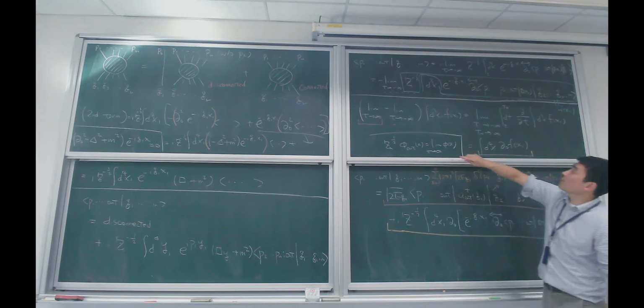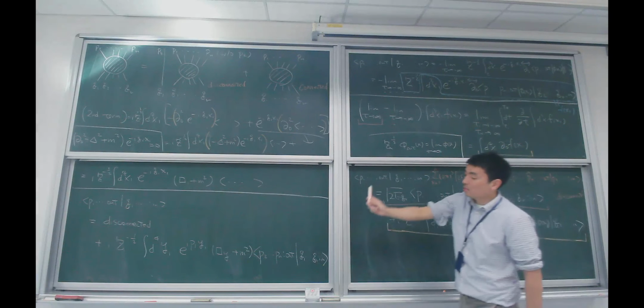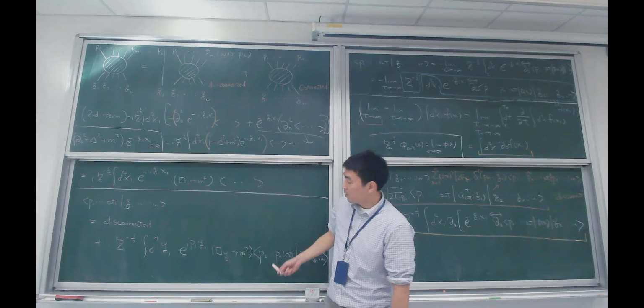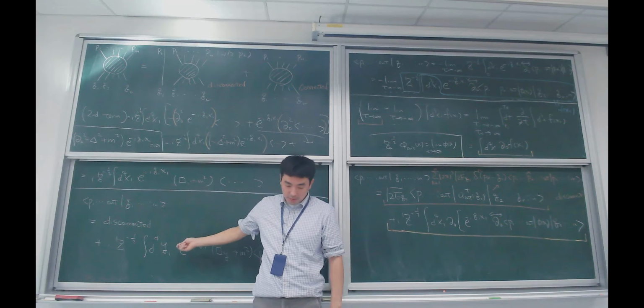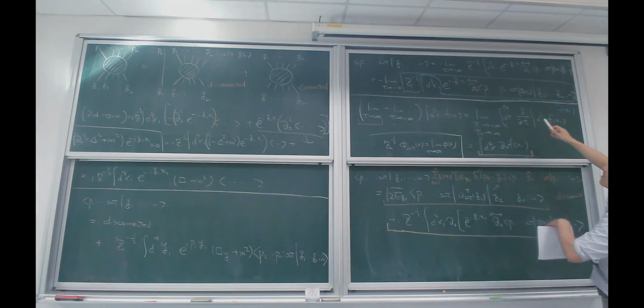So you have the difference between the A in acting on the ket and the A out acting on the bra. The difference only appears here, because here it's a dagger, right?